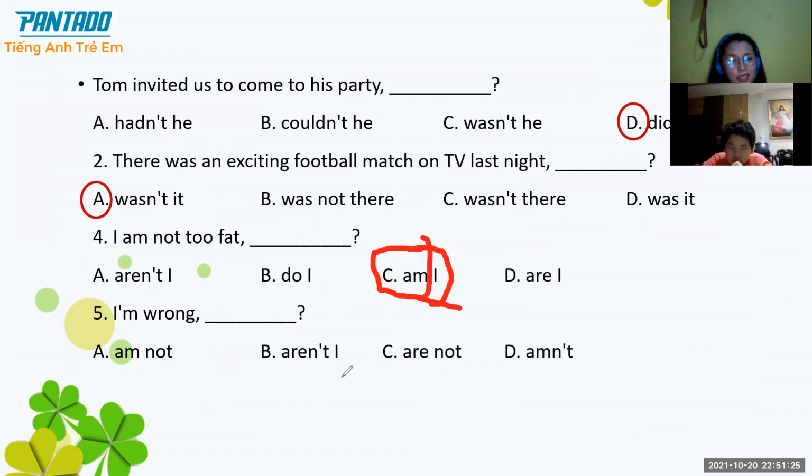I'm not, aren't, or not, amn't. Okay, what do you think there? I'm wrong.